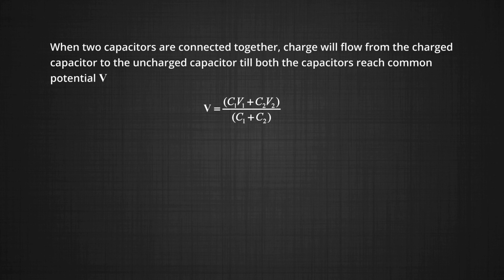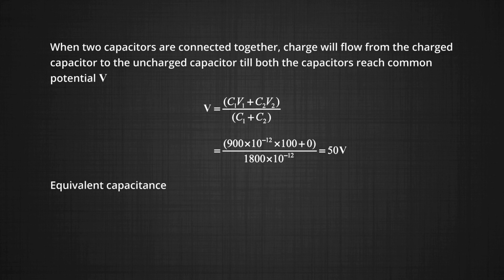So on substituting the values, we get V is equal to 900 into 10 to the power minus 12 into 100 plus 0, the whole divided by 1800 into 10 to the power minus 12, which comes out to be 50 volt. The equivalent capacitance C will be given by C equal to C1 plus C2, that is equal to 900 plus 900, which is 1800 picofarad.